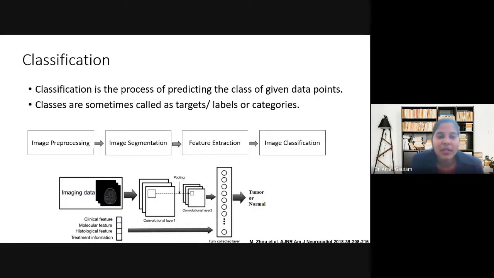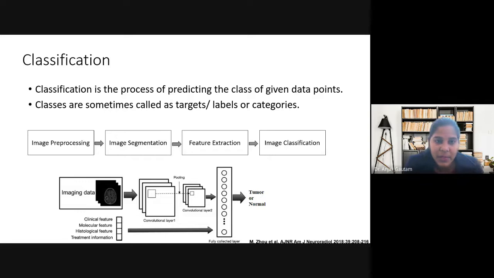Now let's talk about classification. So what exactly is it? Whenever we want to categorize something into different categories, we call it classification, or we can say it is the process of predicting the class of given data points. Classes can also be called categories, targets or labels. Take the example of a person having cancer or not.